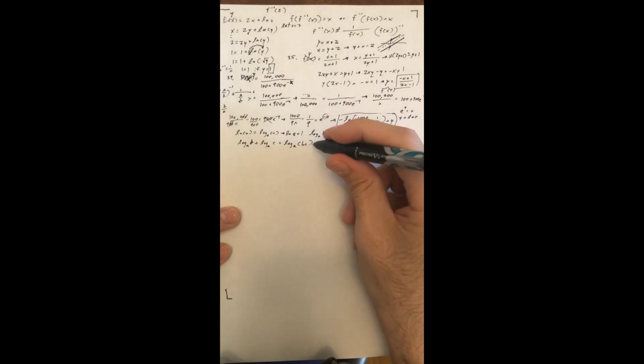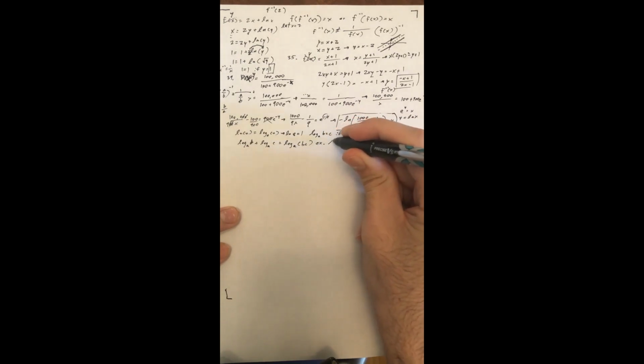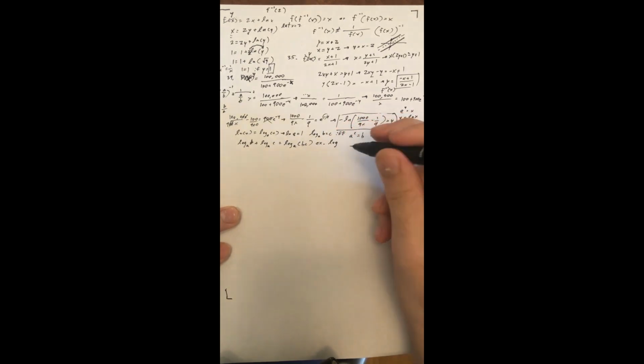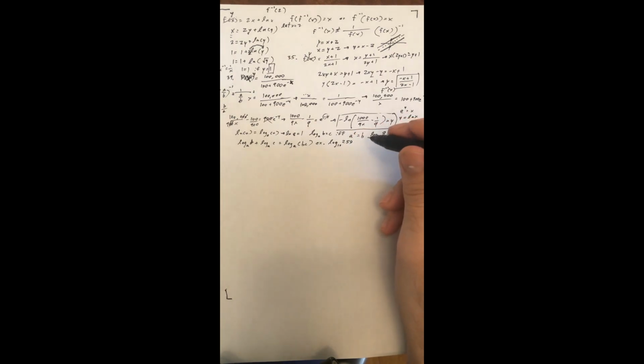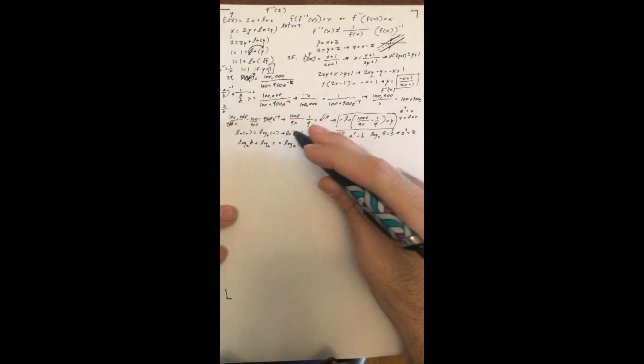As an example, if your textbook just writes, say, log 250, then that implies it's base 10. If you see a log and you don't see a base, it's base 10. That's just assumed. Sometimes people will assume it to be natural log, but they use ln in our textbook.